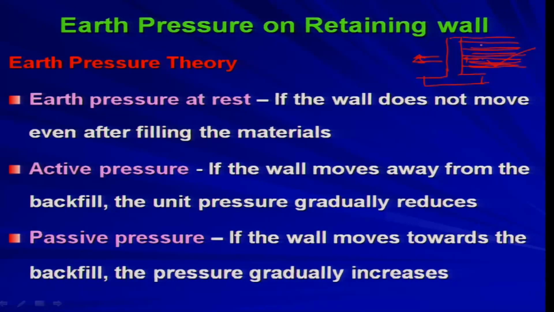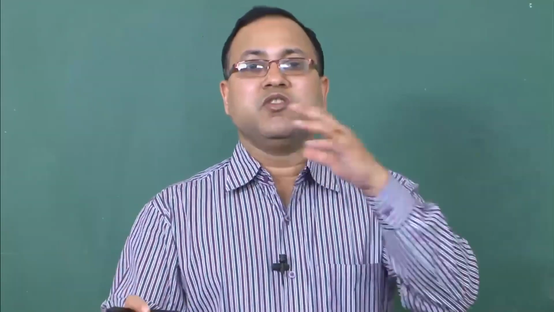Whatever pressure was there at rest condition, slowly or gradually it will be released or decreased, okay, to get the active state. But in case of passive state, the wall is moving in this direction, that means the wall is moving towards the backfill, that means you are pushing the wall towards the backfill. So, therefore, your pressure will be increasing, okay, further from the rest condition.